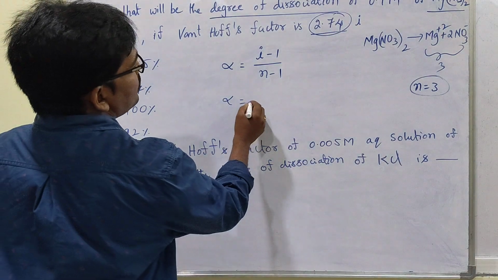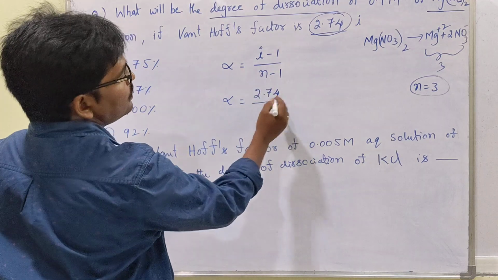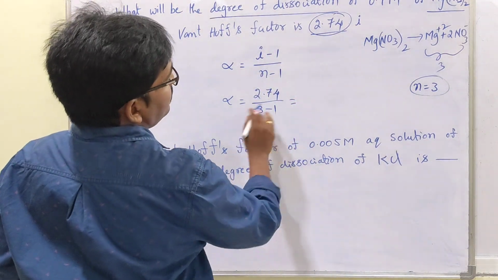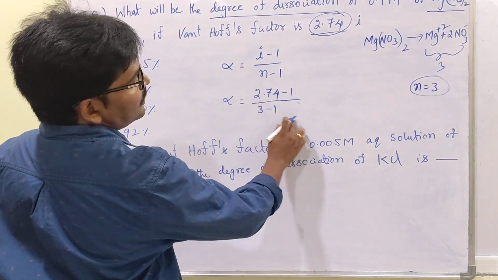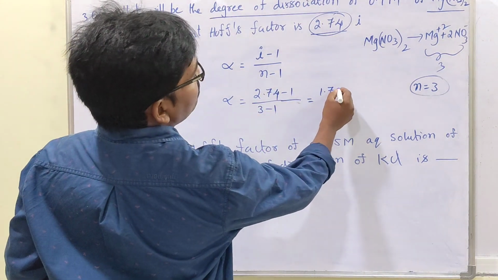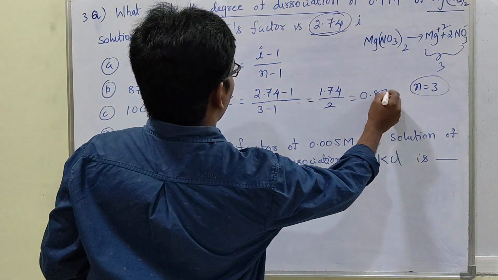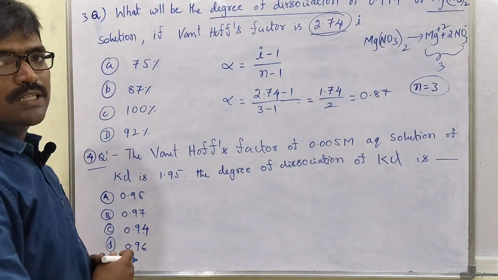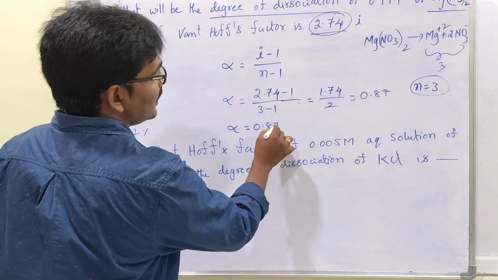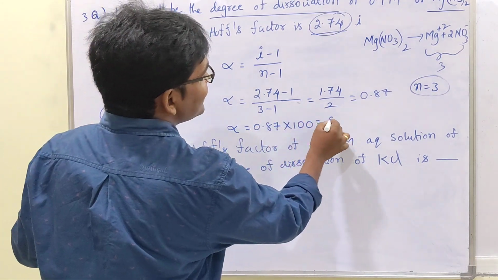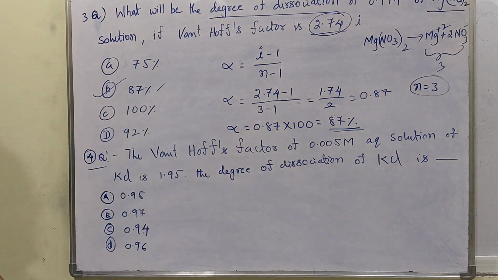Now alpha equals the i value 2.74 minus 1, divided by n value 3 minus 1, that is 1.74 divided by 2, and you get 0.87. So the alpha value is 0.87. Sir, when percentage is asked, then 0.87 into 100 gives 87%. That is the answer, 87%.